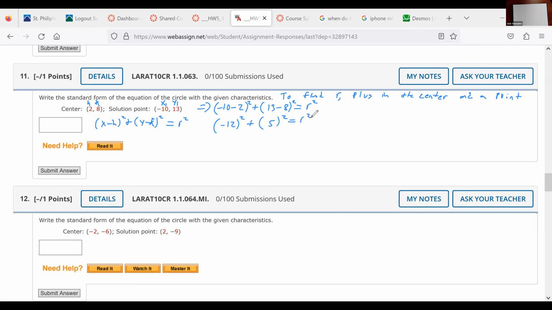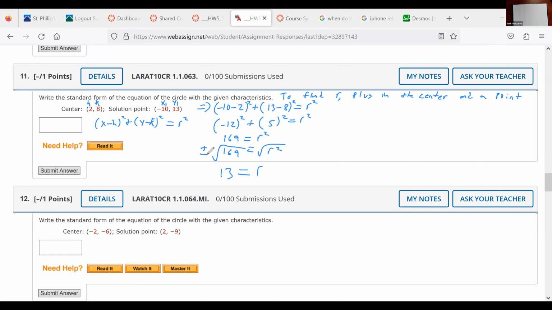This will be, do you agree? 169? For both sides, yeah, it's 169. You get r equal to 13. Technically it is plus or minus, but radius will always be taken as positive.